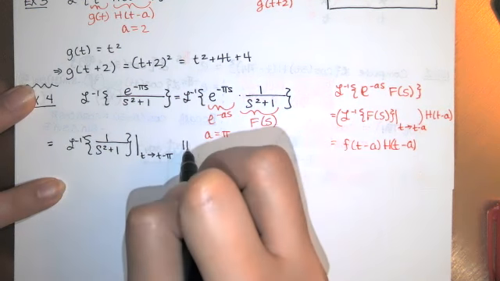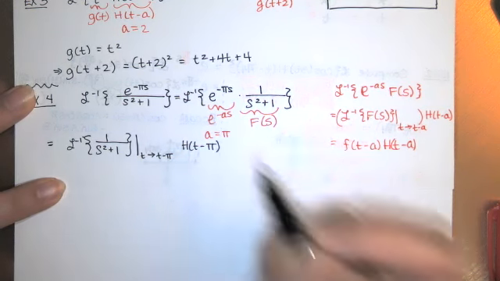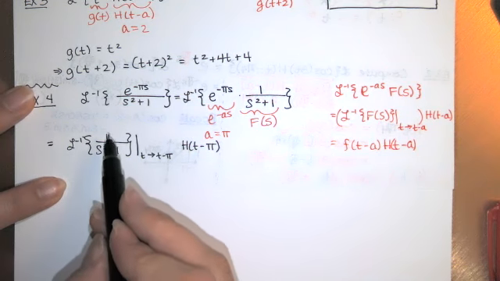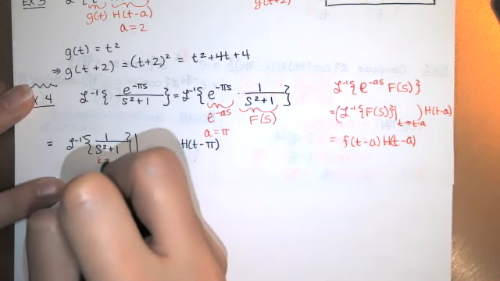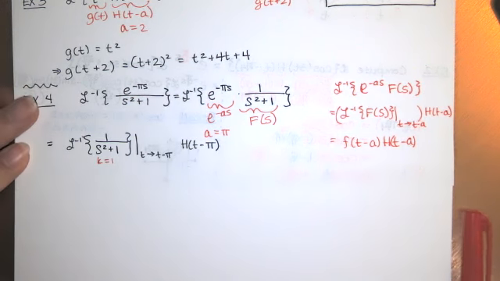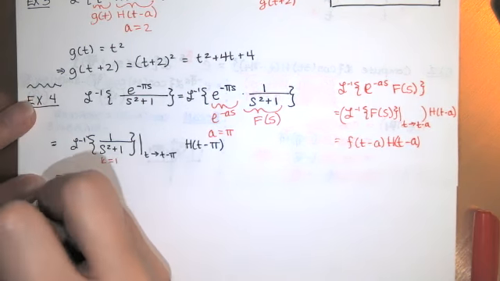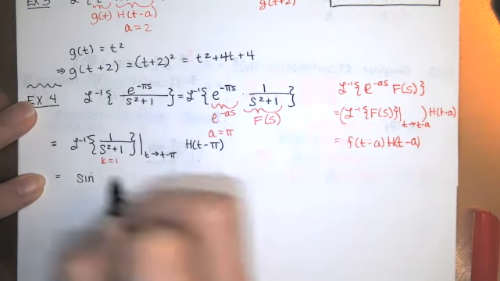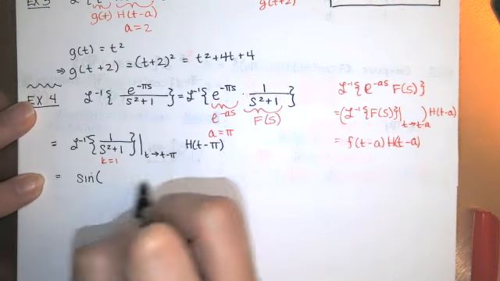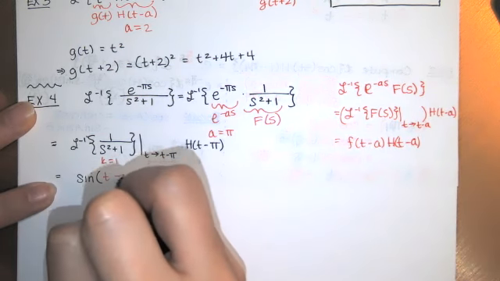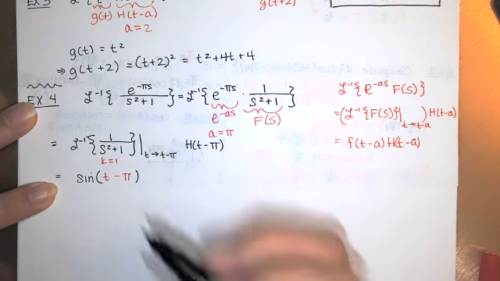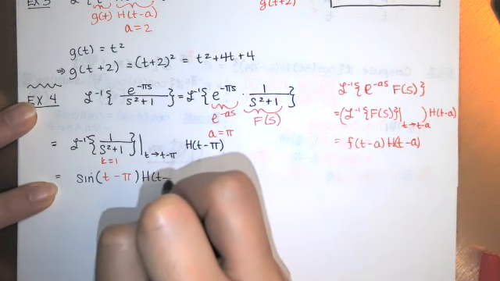And then we'll multiply by the Heaviside function at t minus pi. Well, this is k over s squared plus k squared, where k is equal to 1. So the inverse transform of that is actually sine of t. And if you're replacing the t with t minus pi, that's going to be sine of t minus pi times h of t minus pi.